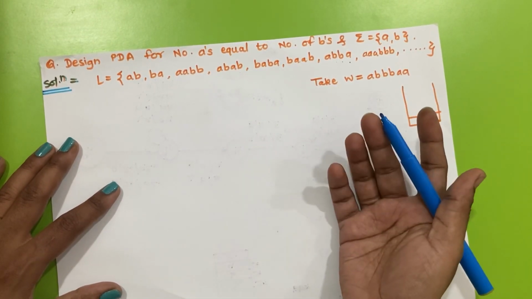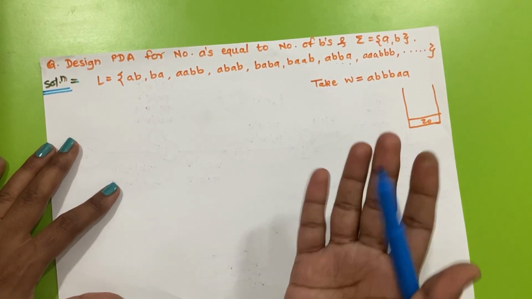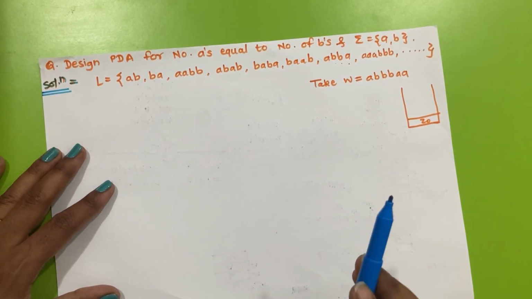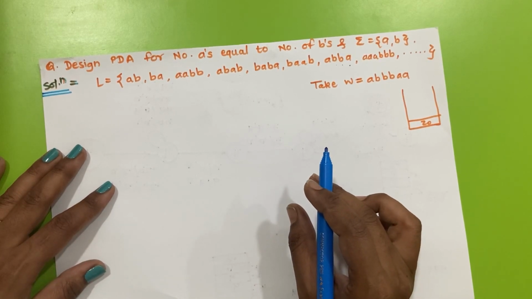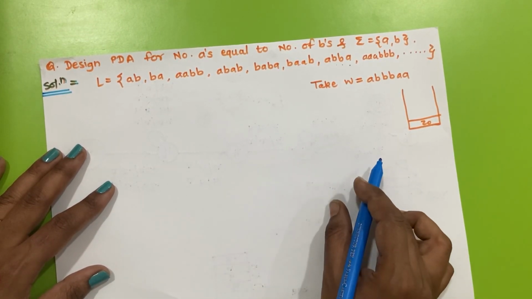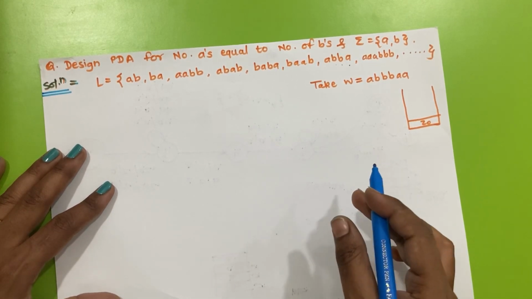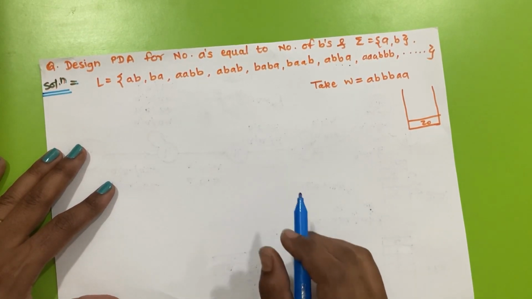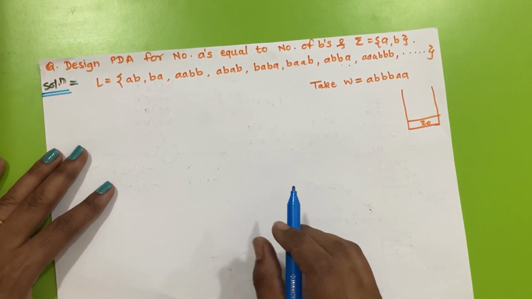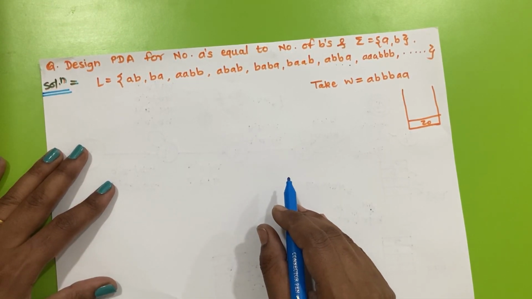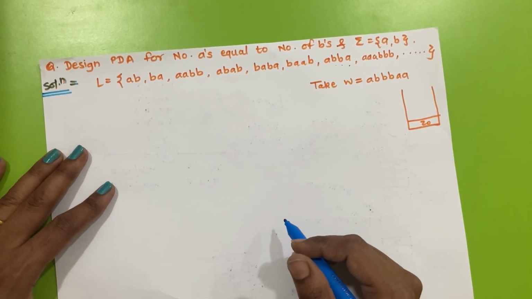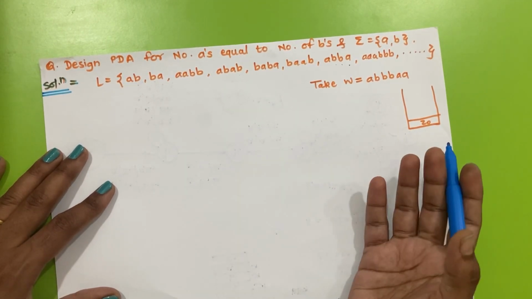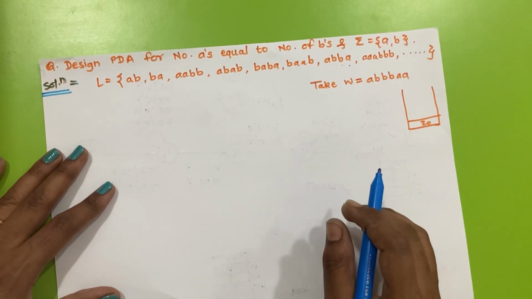When we read the second, different letter, we will pop the first letter from the stack.